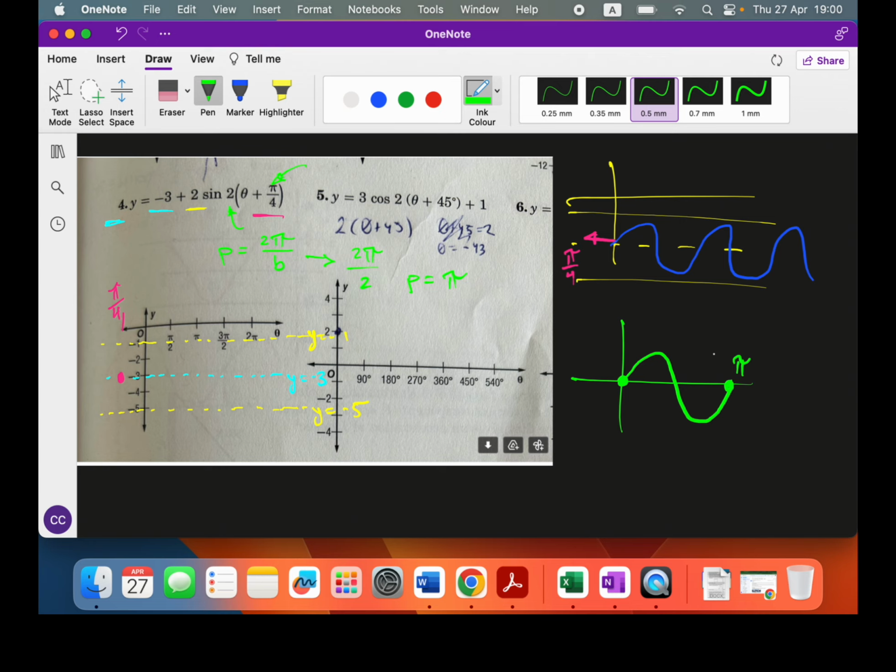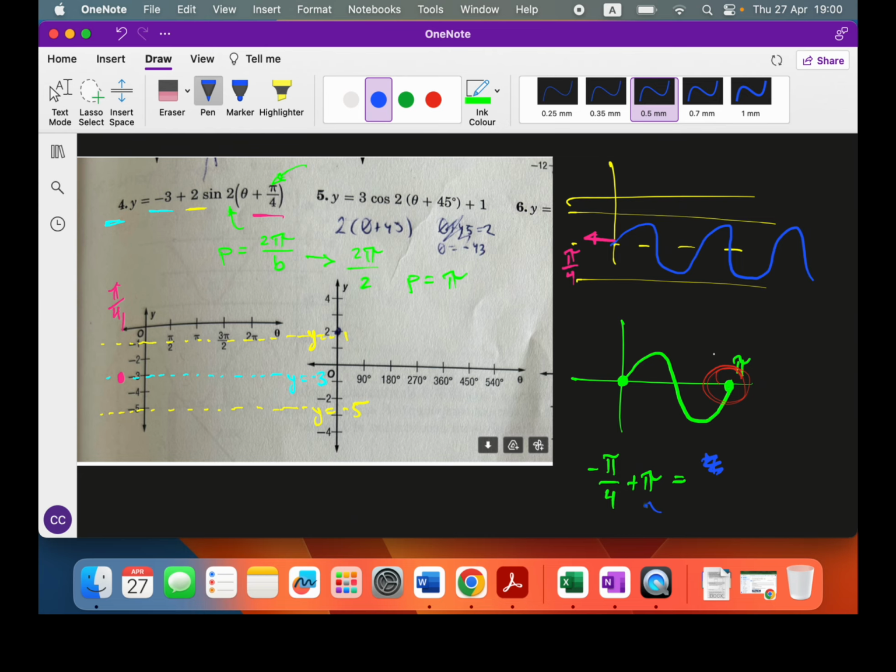So what we're doing is starting at negative pi over 4, and adding pi is going to be when I get back to this magic point, this repetition point. So if I was to do that, what is that?